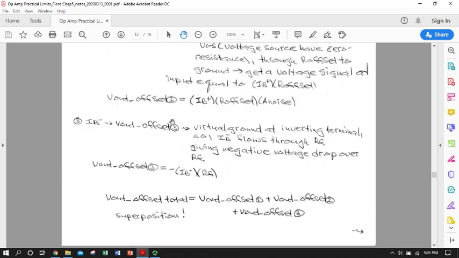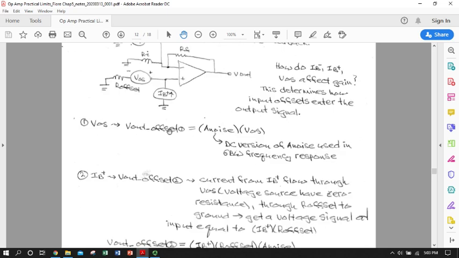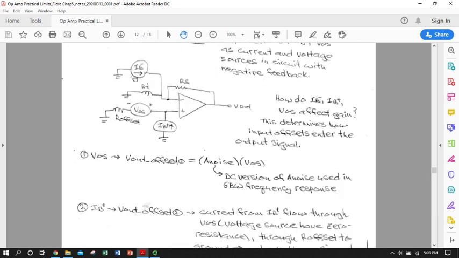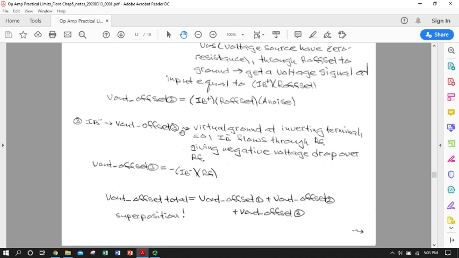So that's output DC offset error source number 3, coming from this ideal current source representing our non-ideal current going into the inverting terminal. That's going to be negative current going into the inverting terminal times RF.